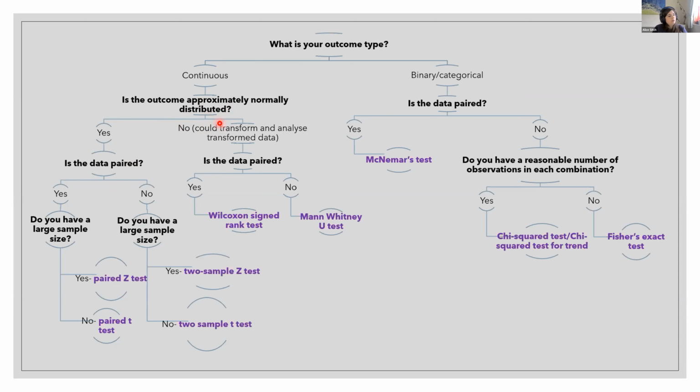So you can think of the Wilcoxon signed rank test as the non-parametric alternative to the paired t-test. This is how I sort of remember them, is I pair them off. So you've got the paired t-test. The non-parametric alternative that does the same thing in the same situation is the Wilcoxon signed rank test.